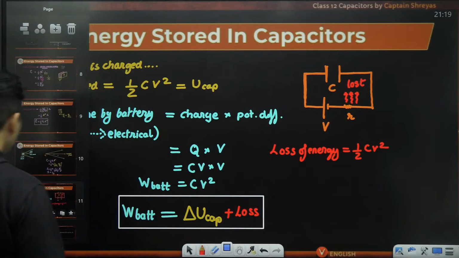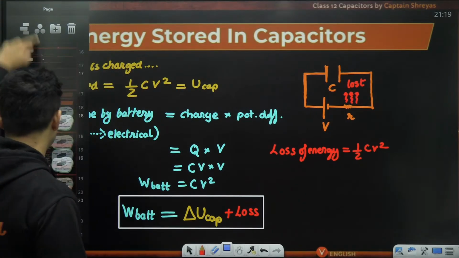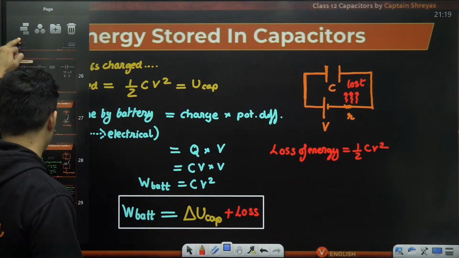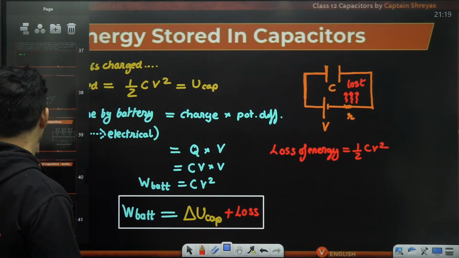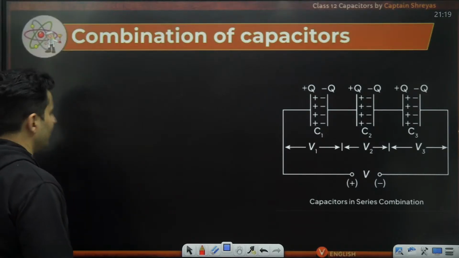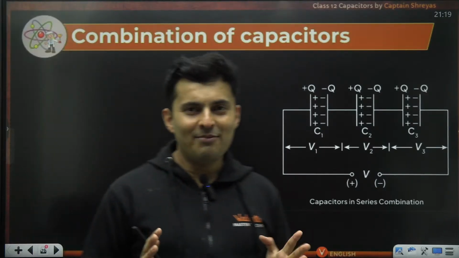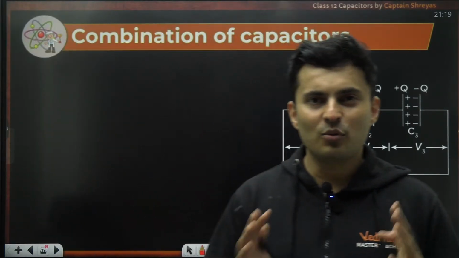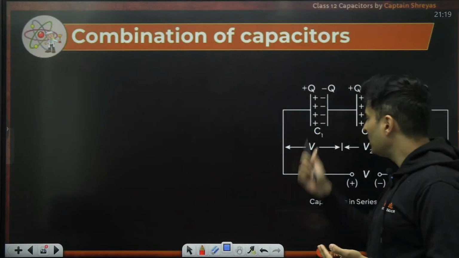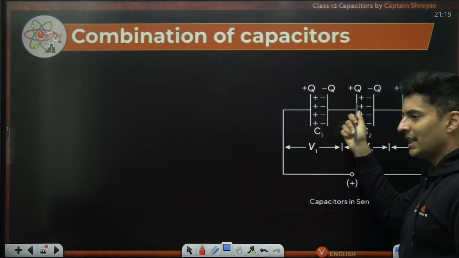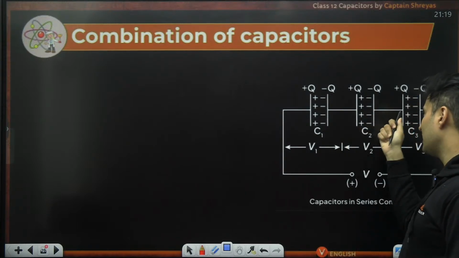Okay, perfect. Now, let's go back to our combination of capacitors. You have multiple capacitors arranged one after the other, and one terminal is attached to the next terminal attached to the next terminal.